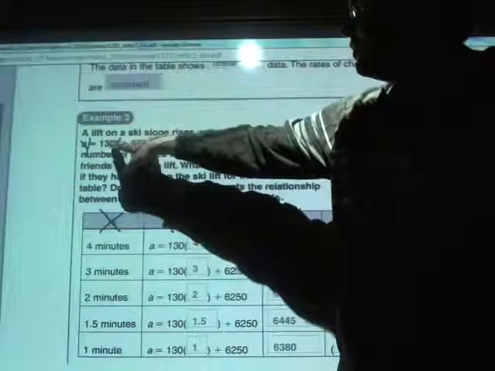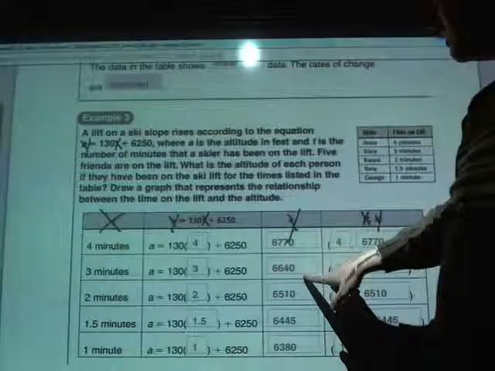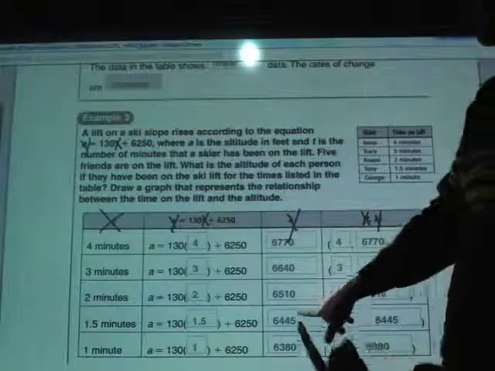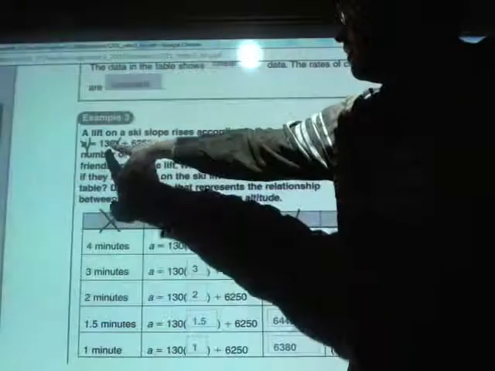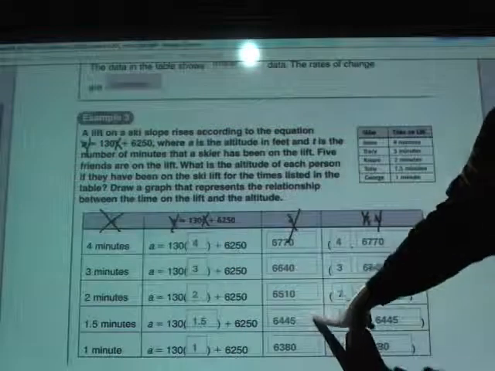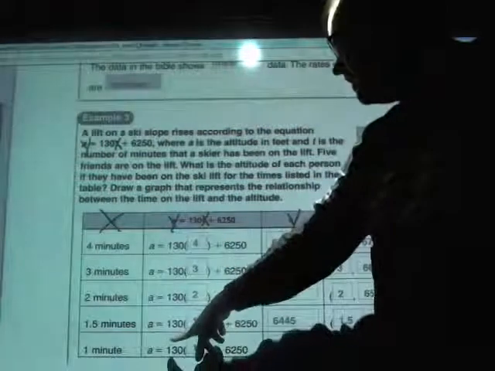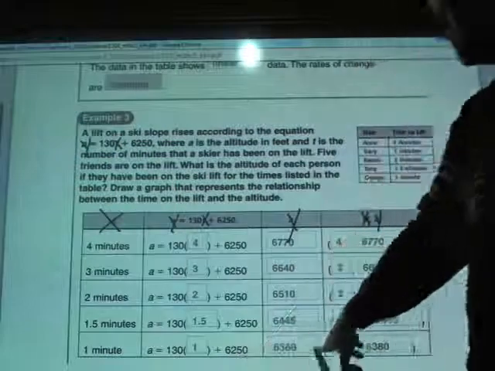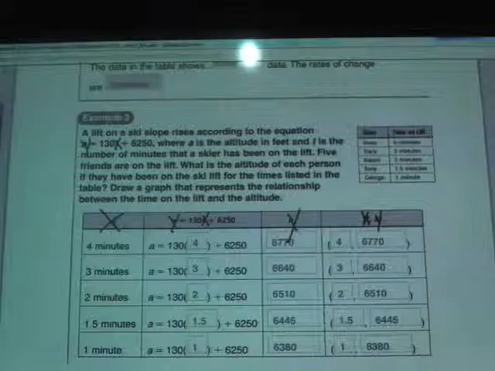At 3, 130 times 3 plus 6250 is 6640. At 2, 130 times 2 plus 6250 is 6510. At 1.5, 130 times 1.5 plus 6250 is 6445. And here for the last one at 1, 130 times 1 plus 6250 is 6380.